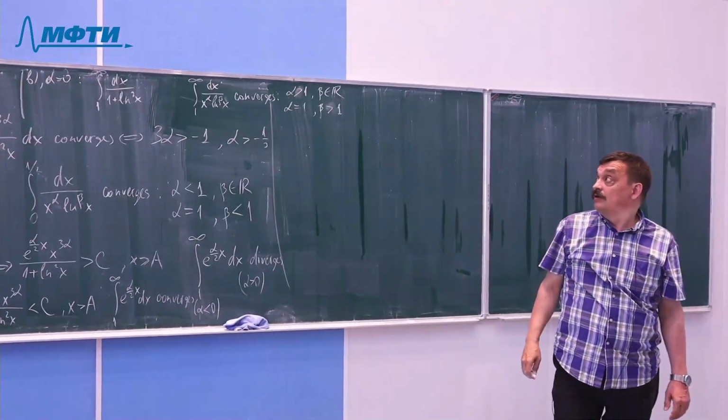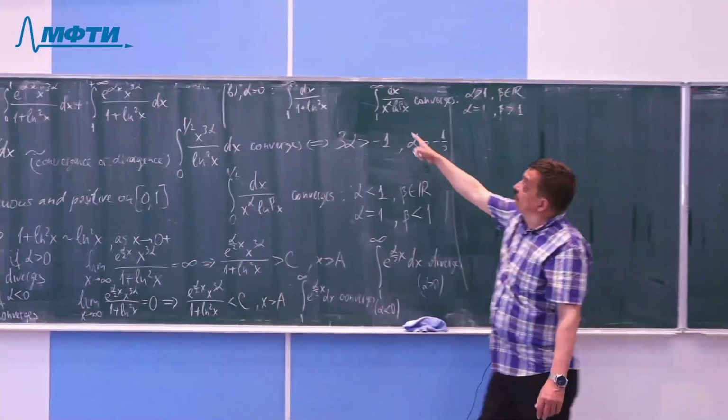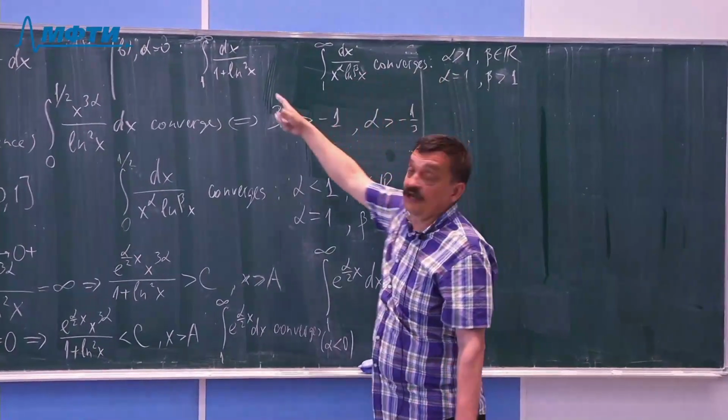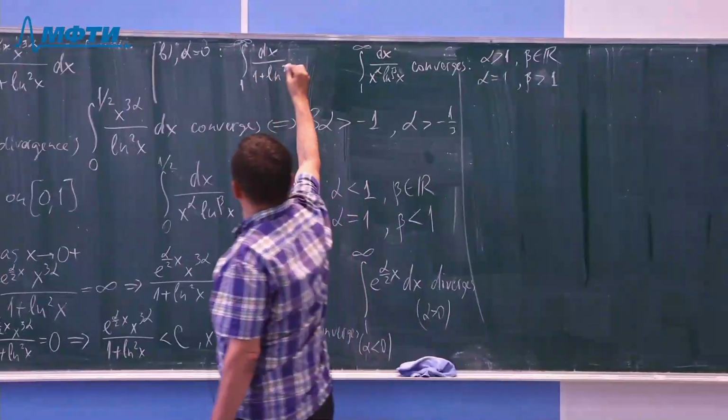So for our case, there is no power of x, and it means it diverges.